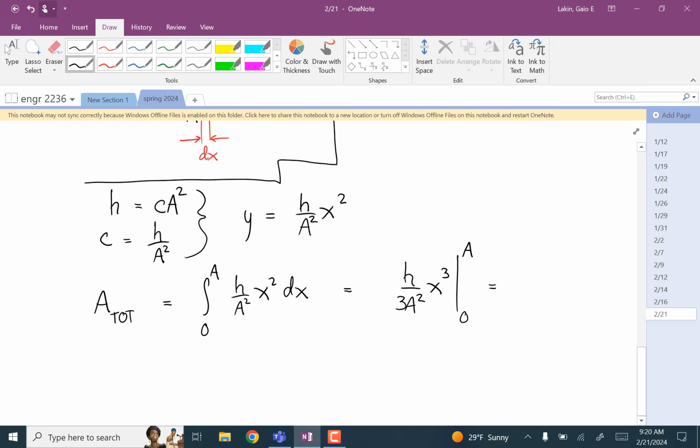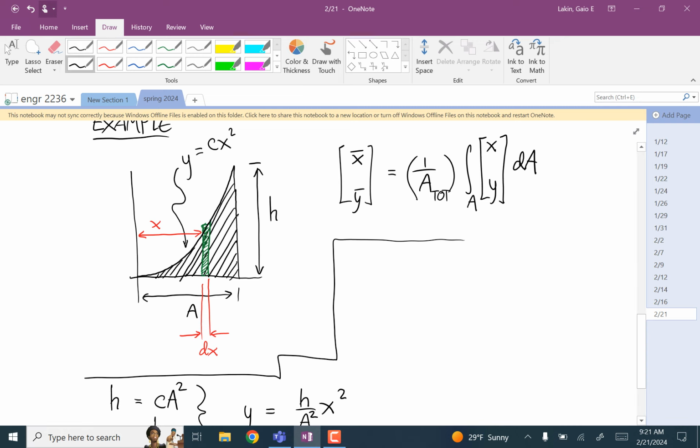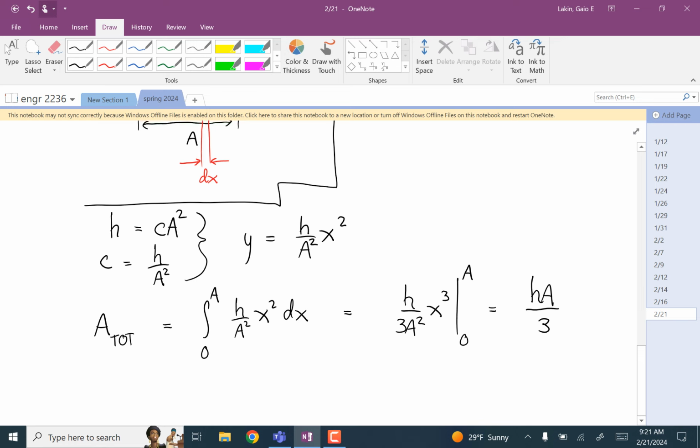And so that is h times a over 3, it looks like. Okay, so that's the total area. Everyone with me on what I'm doing there? I'm just coming up with this total area that we need for the integral formula by just integrating that shape.